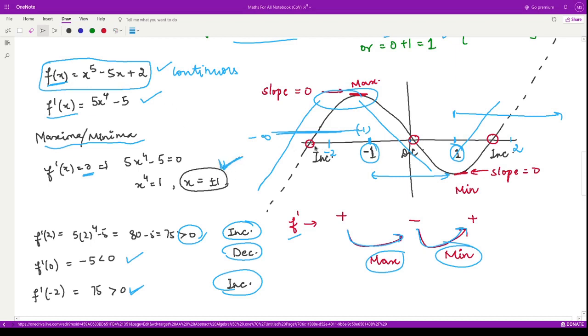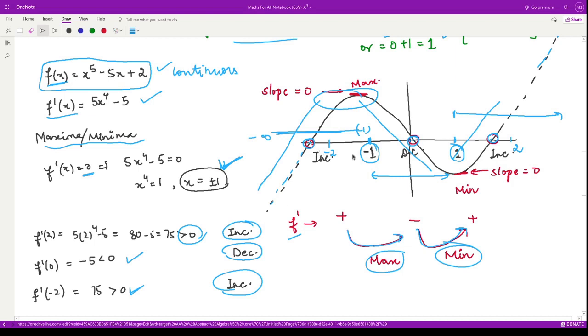Therefore, the curve intersects the x-axis at exactly 3 points. One is this one, one is this one, and one is this one, and we do not have any other way. Beyond this point it will go upward like this, and beyond this point it will go like this.